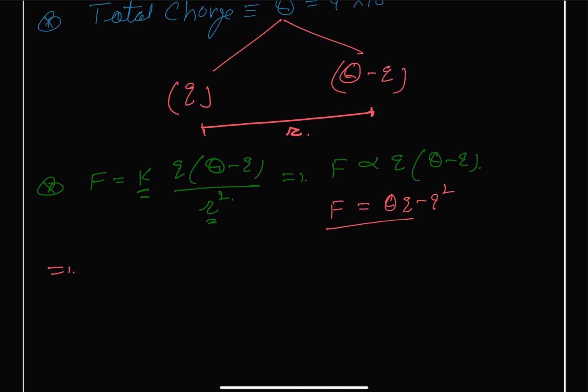So obviously we are going to find out its differentiation. So we can say our dF upon dq will be Q minus 2q, and we are going to give it equal to 0.